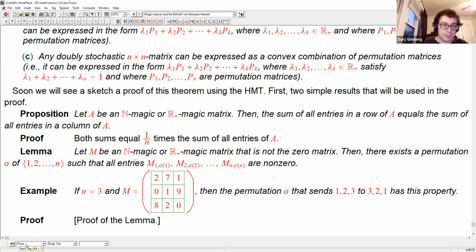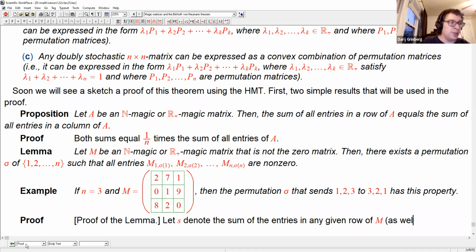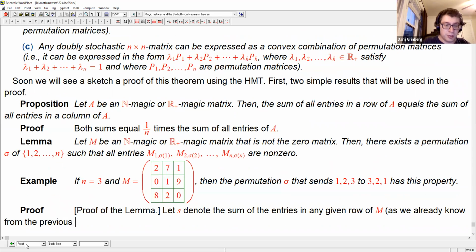Proof of the lemma. How do we find a permutation? Well, we already have seen some permutations that we found using Hall's marriage theorem. This is no exception. First of all, let S denote the sum of all of the entries in any given row of M. As we already know from the previous proposition, the sum is the same in each row.